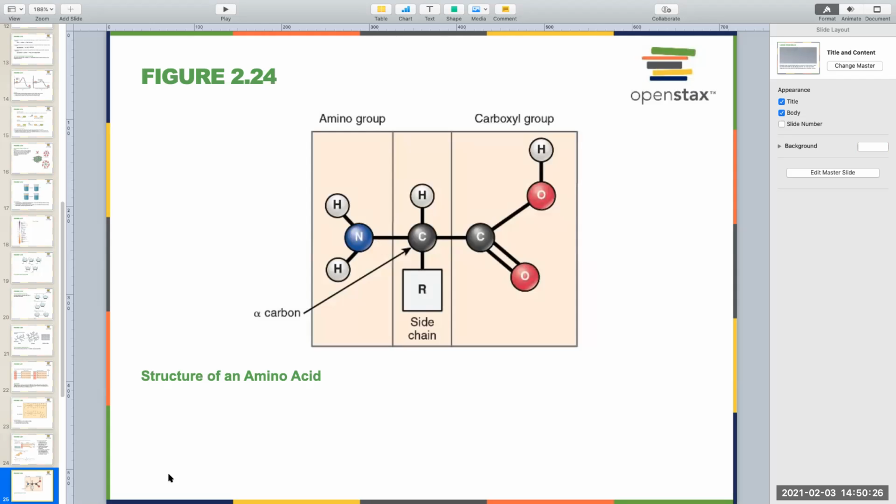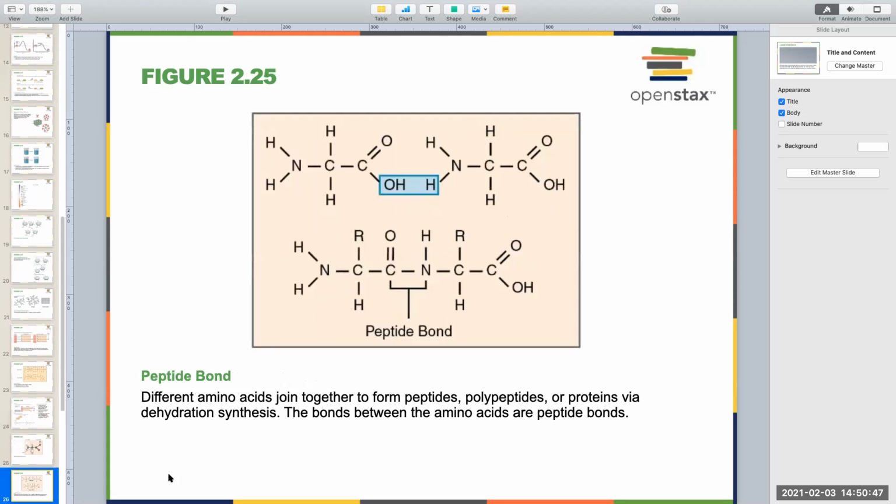Okay, a quick fact for you: if something has PEP in the word, that is referring to a protein and usually an enzyme, because all enzymes are proteins. We spoke about enzymes before, but we'll talk about it again in a second.